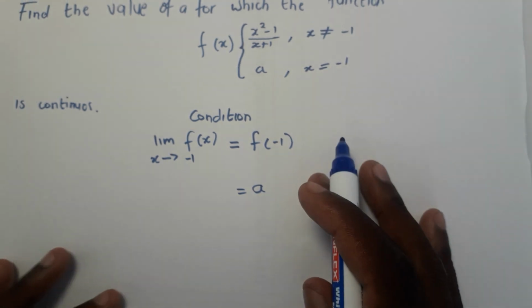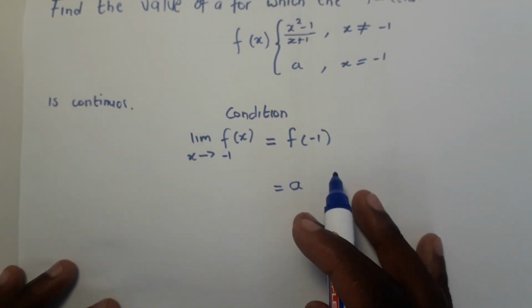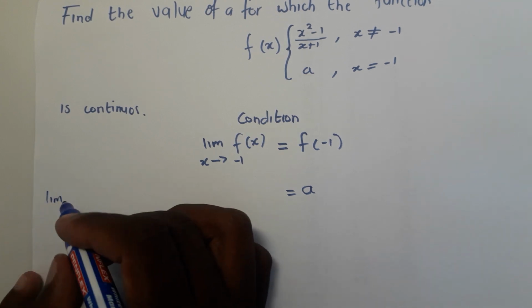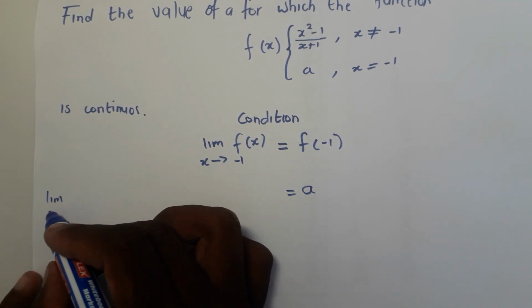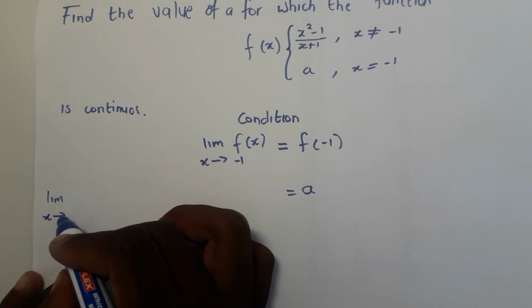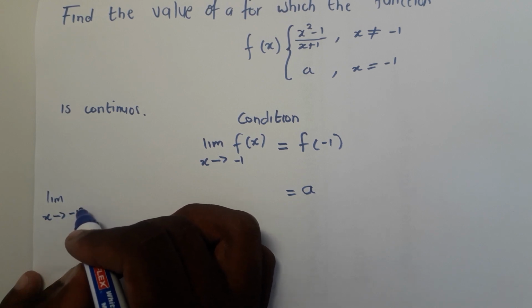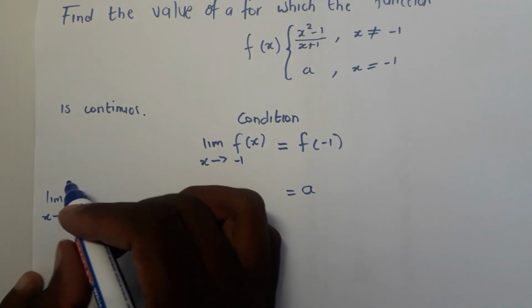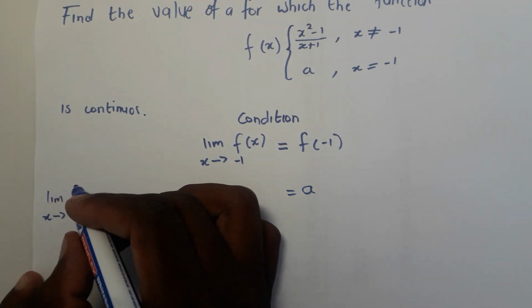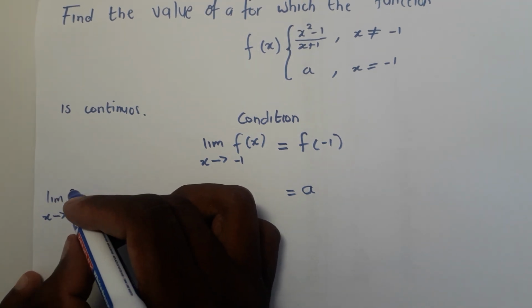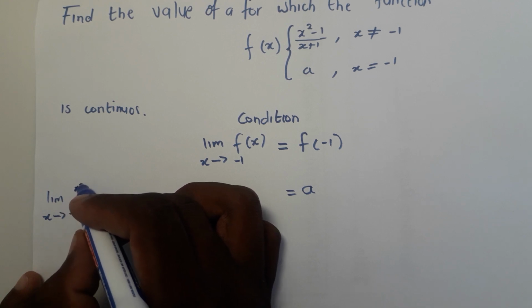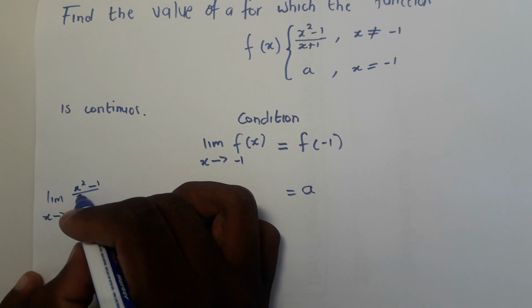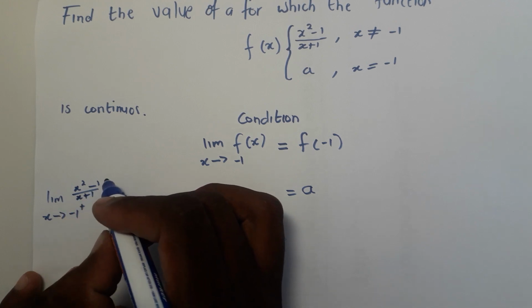Now, before we put anything here, we need to find the limit as x approaches -1 from the right side of (x squared minus 1) over (x plus 1).